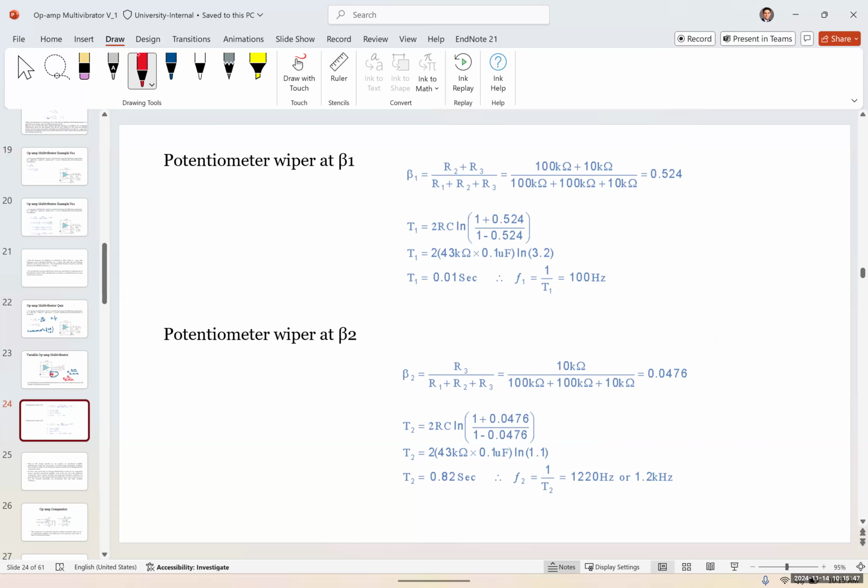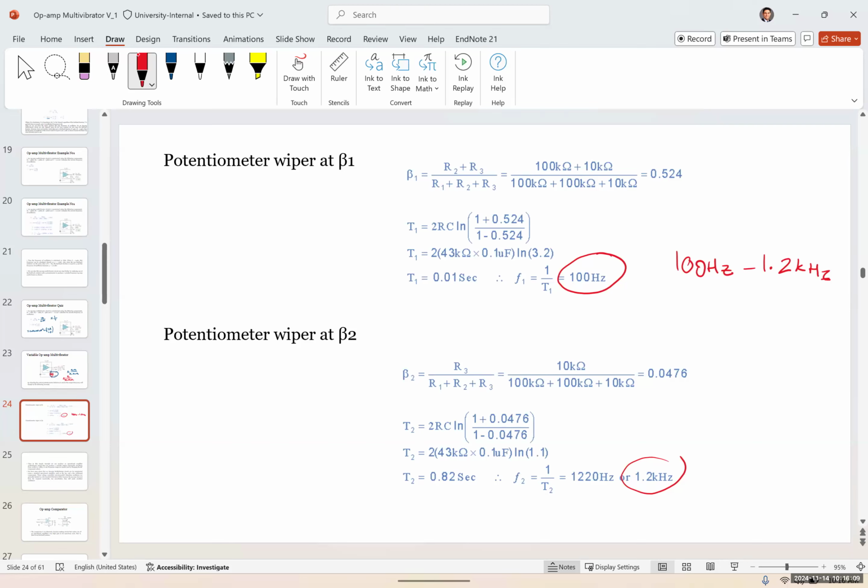Therefore, the frequency would go to 1.2 kilohertz. So the frequency range for this op-amp multivibrator is between 100 hertz and 1.2 kilohertz, anything between that. It couldn't go lower than 100 hertz. It could not go higher than 1.2 kilohertz. For this particular case, because we went to both extremes, beta 1 and beta 2.